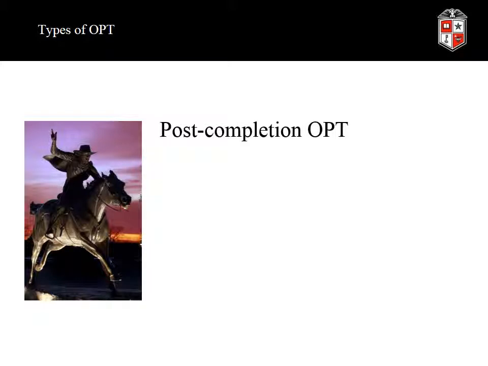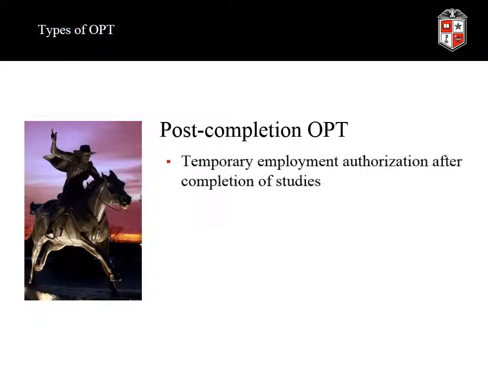Let's talk about the different types of OPT. First, post-completion OPT. This authorization will be temporary again, up to 12 months, and it will be granted after the completion of your degree. It does not require a job offer before you apply.